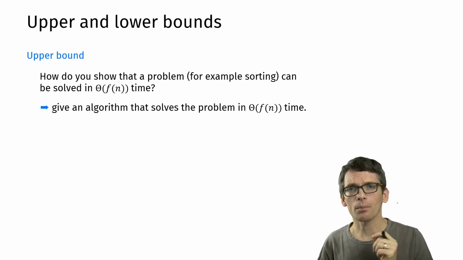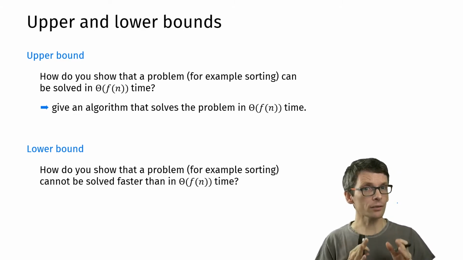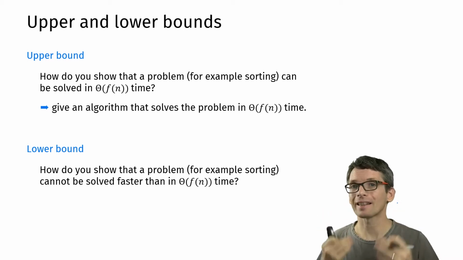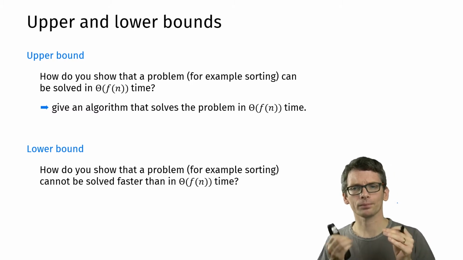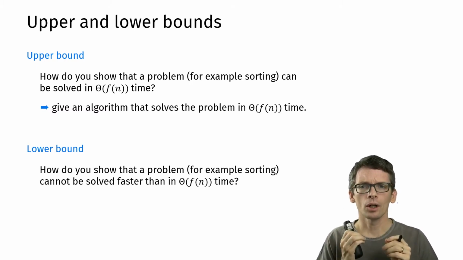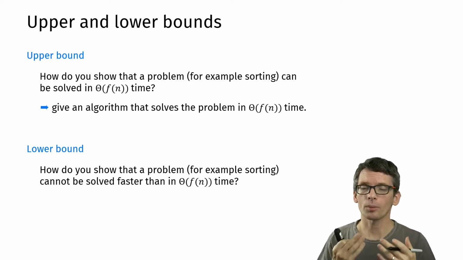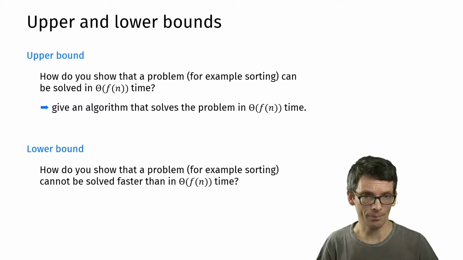The lower bounds are actually much trickier, and it's quite difficult to show lower bounds on computational problems. For sorting, luckily that will, to some extent at least, be possible. How do we show that a computational problem cannot be solved faster than in order f of n time?